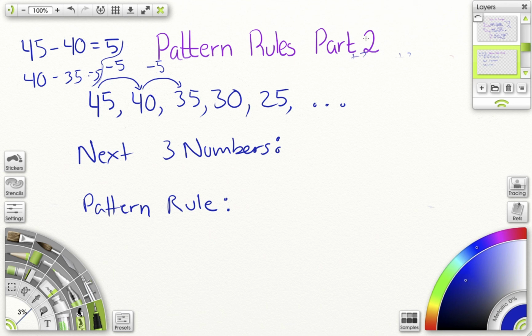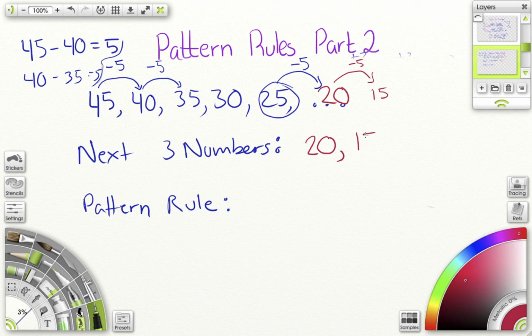To get the next three numbers, I start at my last number, 25, and I minus 5. 25 minus 5 gives me 20. So my first number that I write down is 20. Then I do 20 minus 5, which gives me 15.